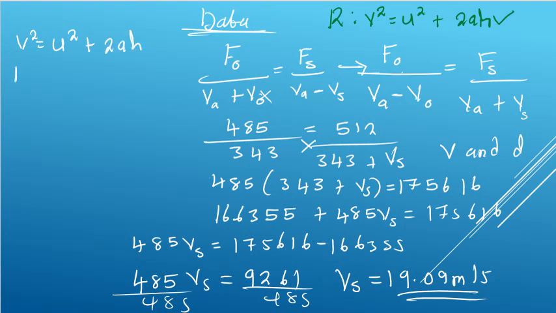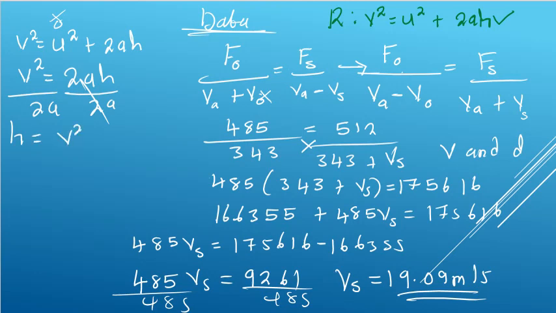Let me try to make everything easy. We make h the subject. So V squared equals, we know that U is 0, so this guy is going to come out, we're going to have 2aH over 2a, you cancel this. H is equal to V to the power 2 over 2a.